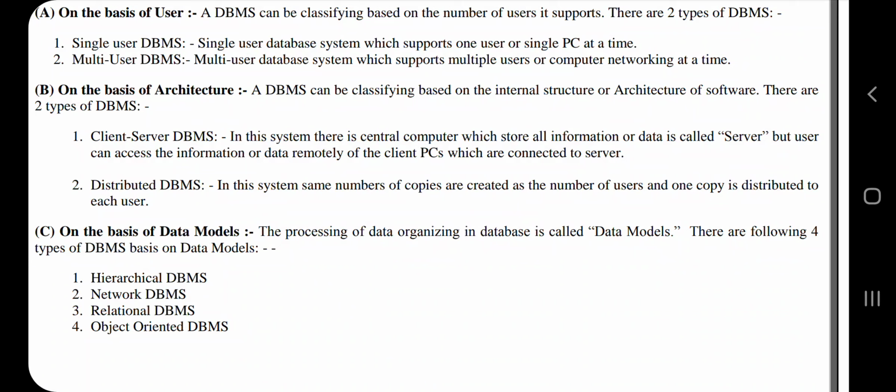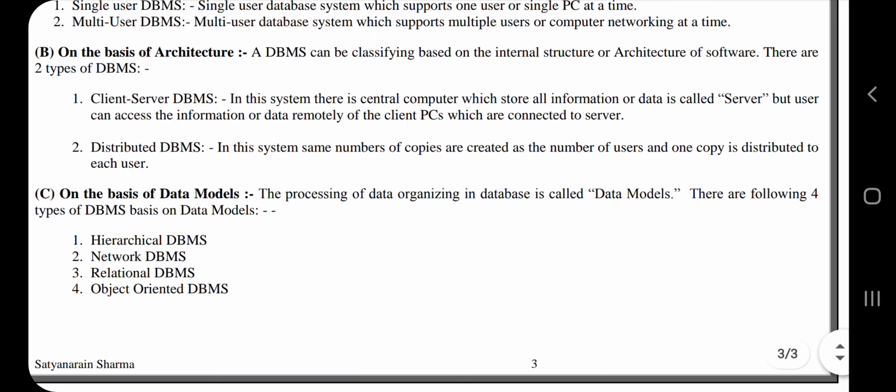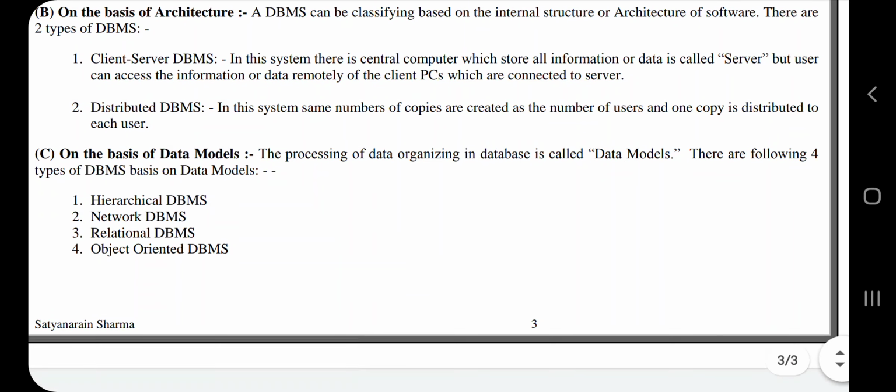In this system, there is a central computer which stores all information or data, called server, but users can access the information or data remotely by the client PCs which are connected to server. Second, distributed DBMS. In this system, the same number of copies are created as the number of users and one copy is distributed to each.